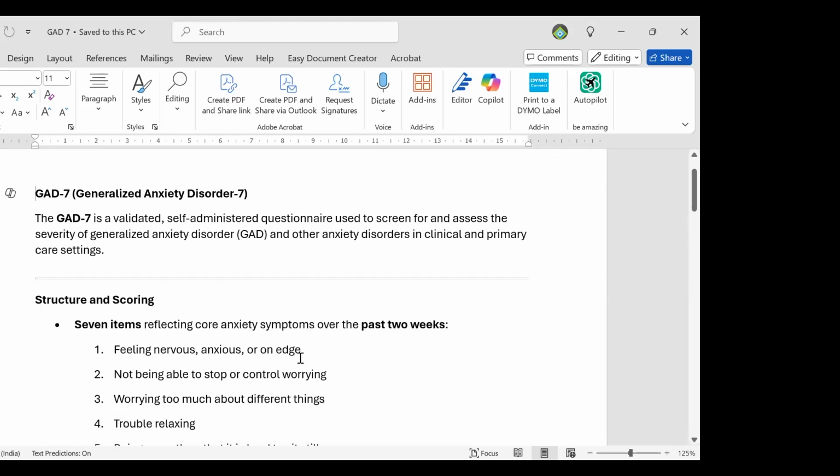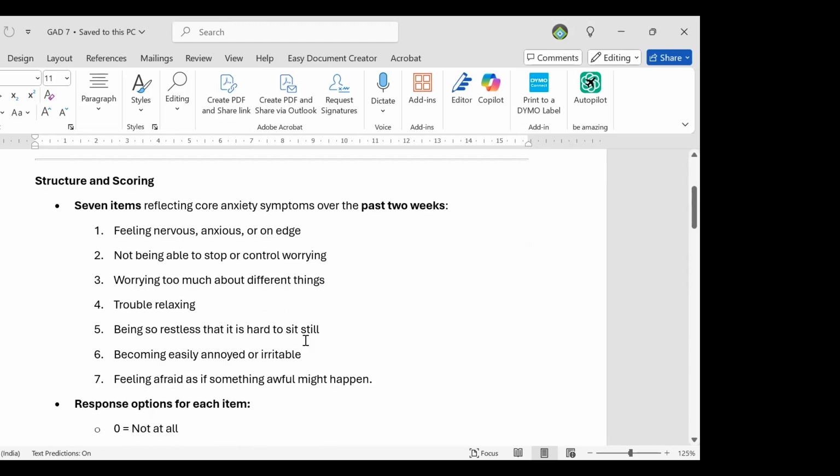Okay. So it's a self-administered questionnaire. It has about 7 items, and we ask the patient, or the client, how he or she has been in the past 2 weeks. Now these days the word patient is being replaced by the word client to make it more acceptable. We ask whether he's feeling nervous and things like that.